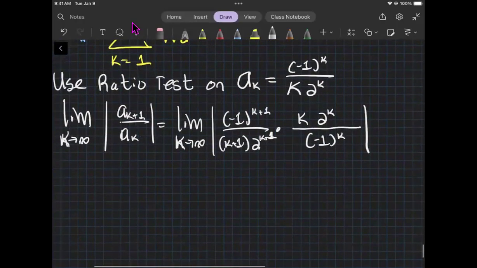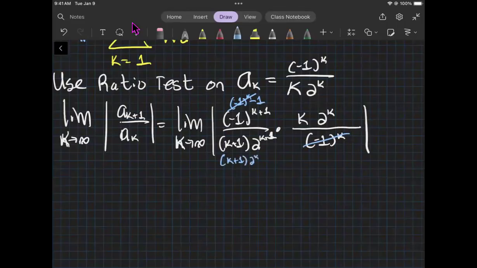All right. So right away, we have some terms that will cancel, right? So -1 to the k will cancel with -1 to the k times -1. And this term will be 2 to the k times 2, so the 2 to the k's will cancel.